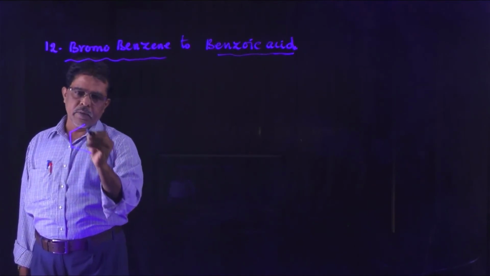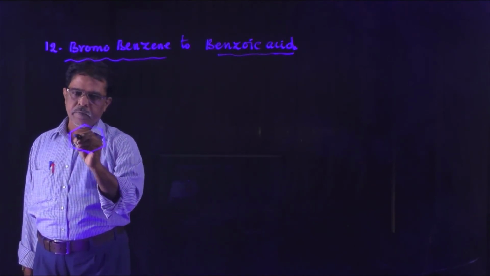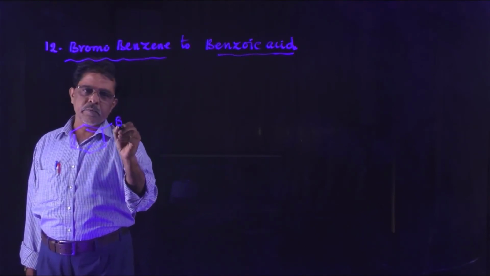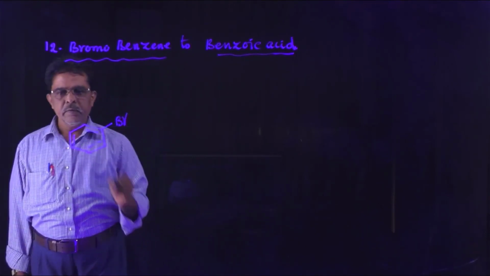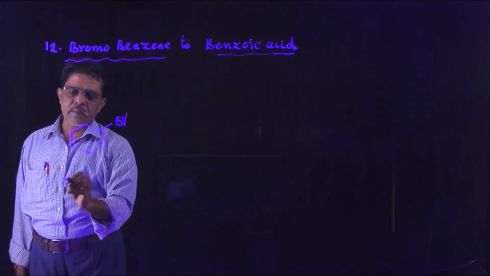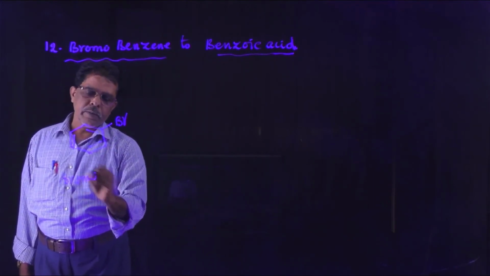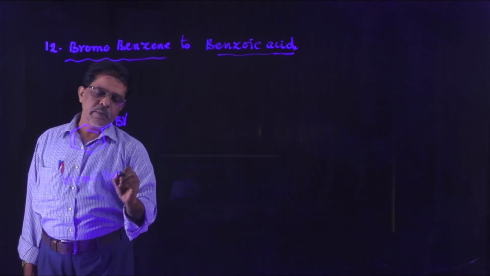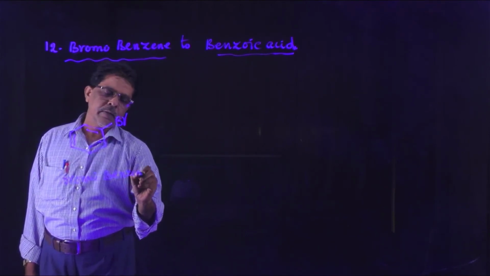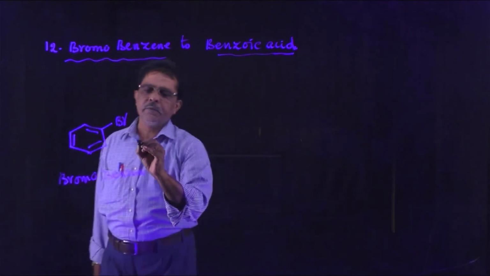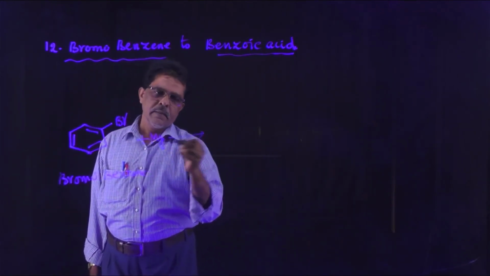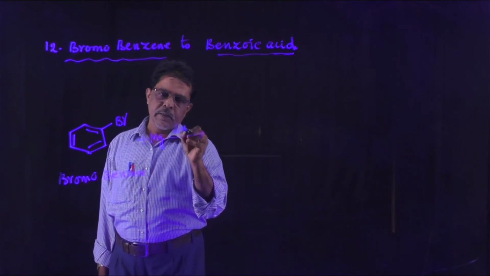Bromobenzene formula you know very well. This is your bromobenzene. So a benzene ring is attached with bromine. It is said to be bromobenzene. This bromobenzene first reacts with magnesium metal in the presence of dry ether.